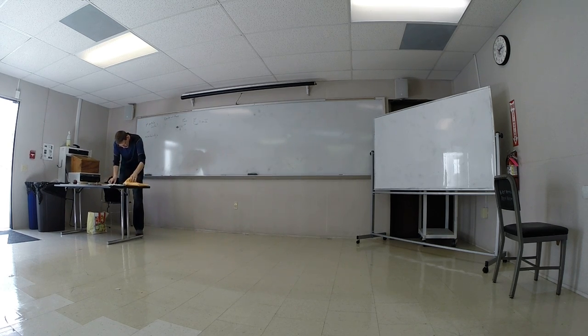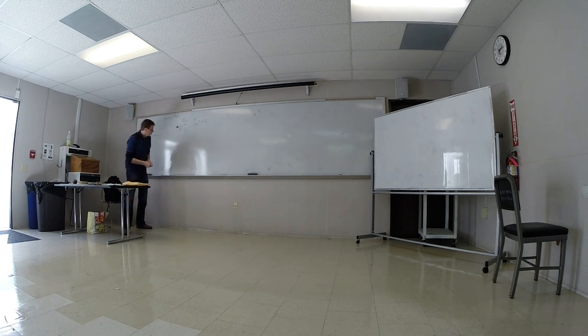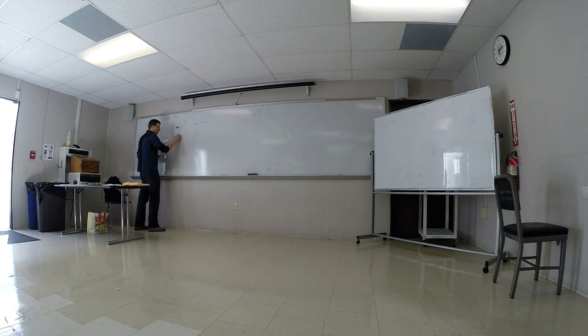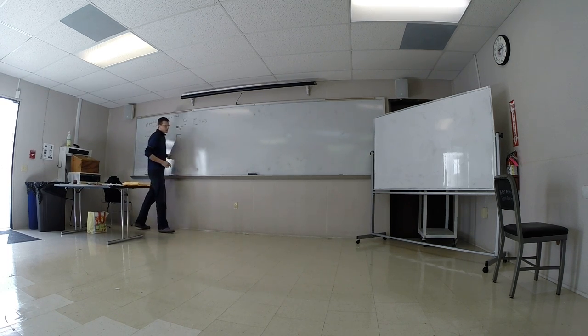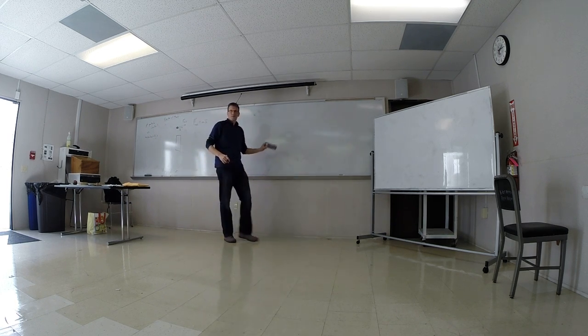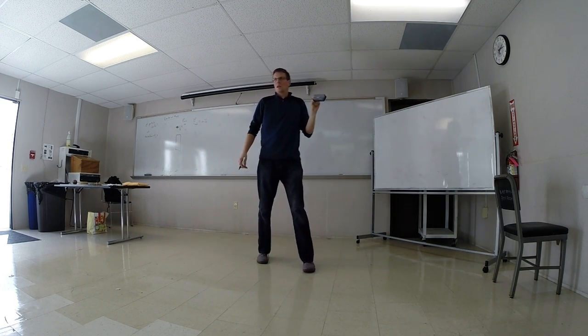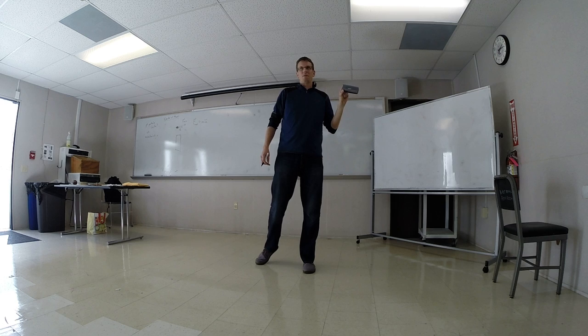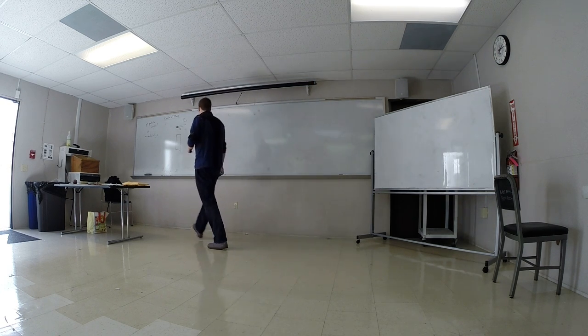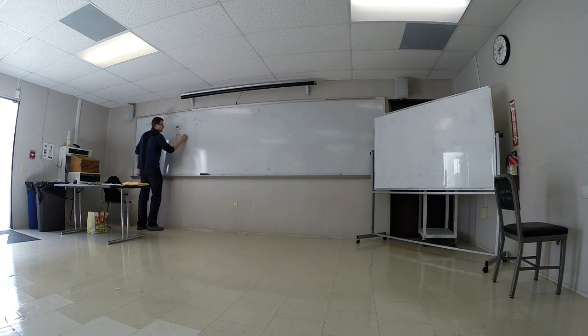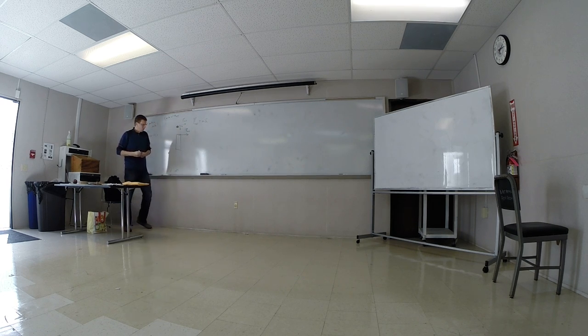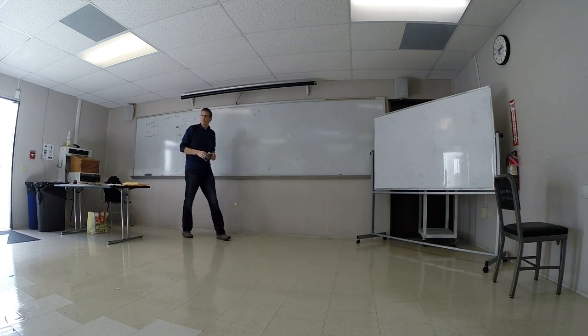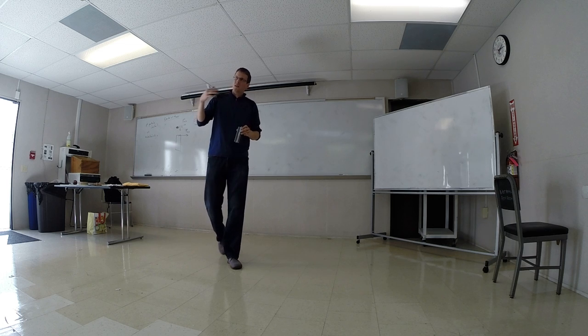So what if we had an object that looked like this? Something like this eraser. If we apply a net force on this eraser, let's say like that, the whole object doesn't just move or accelerate to the right.